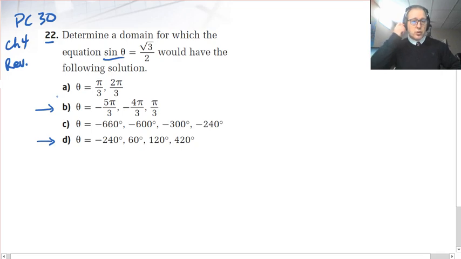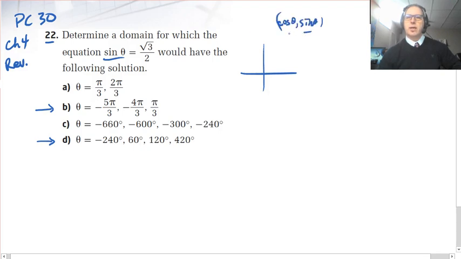Okay, so if we look at sine theta equals root 3 over 2, now on your unit circle, first of all, it's cos theta comma sine theta, right? So sine theta is going to be the second one. So in quadrant 1, we're looking at 60 degrees, or pi over 3.